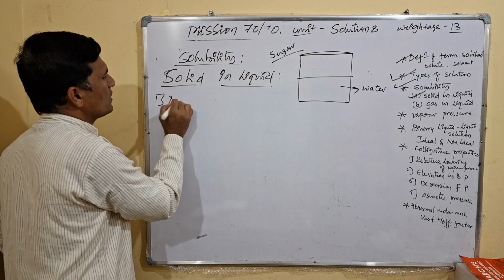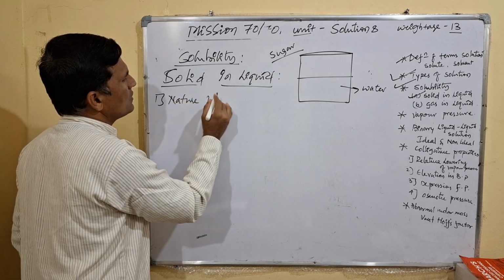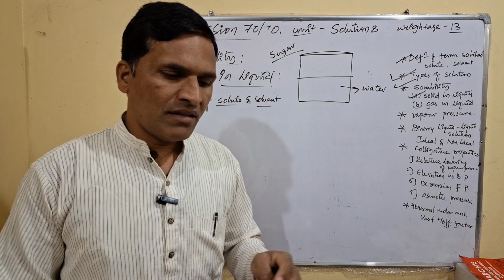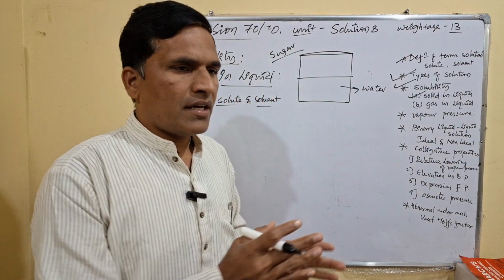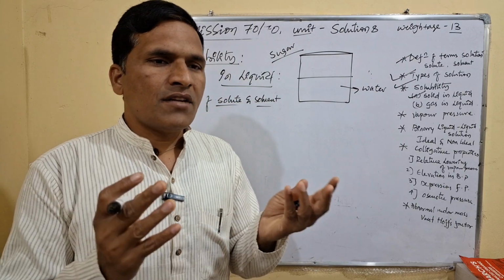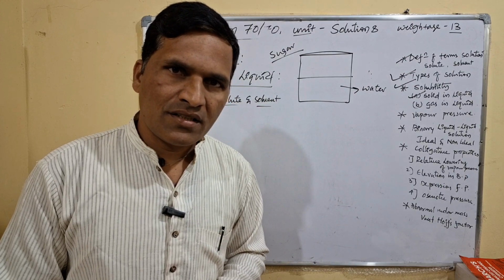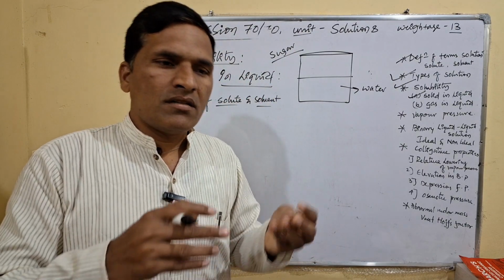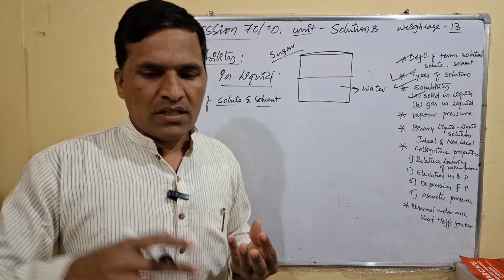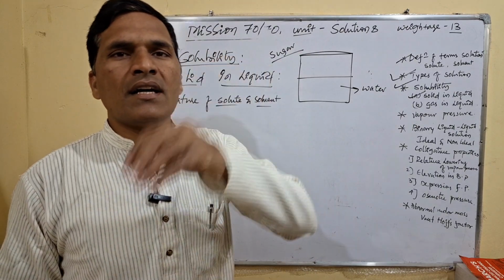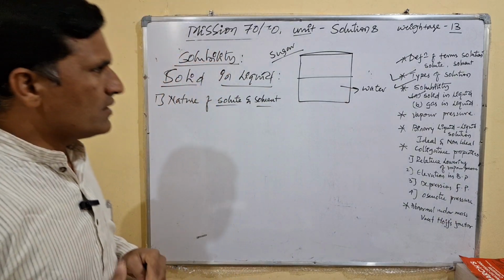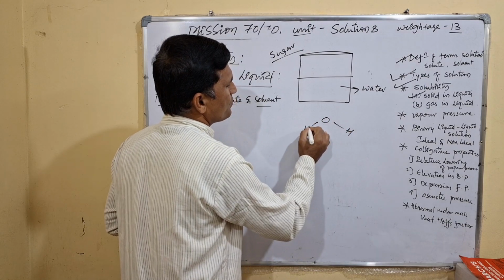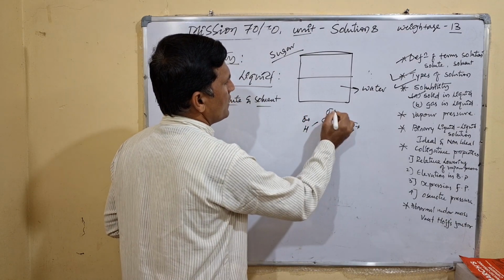First one is we call it as what? Nature of solute and solvent. Say for example, if a polar solute is there and a polar solvent, therefore they are readily soluble with each other. Similarly, non-polar is soluble in non-polar. If the solid is a non-polar compound and the liquid is also non-polar, then readily they are miscible with one another. So what is the reason for that? Say for example, water is having a dipole, partial positive charge, partial negative charge.